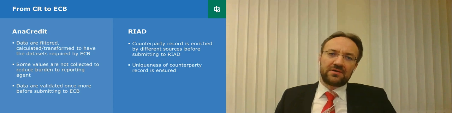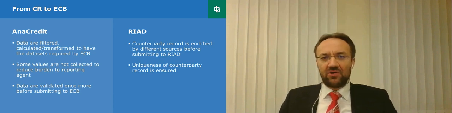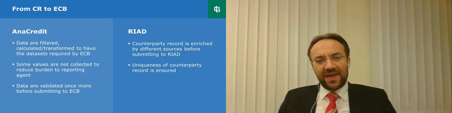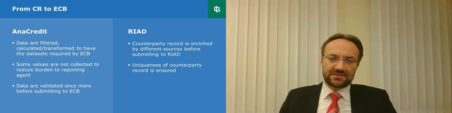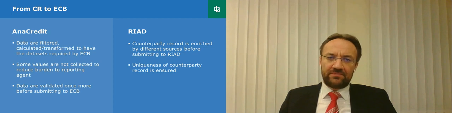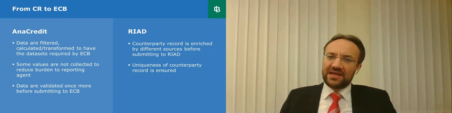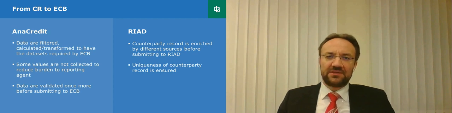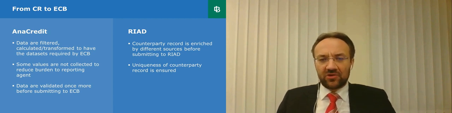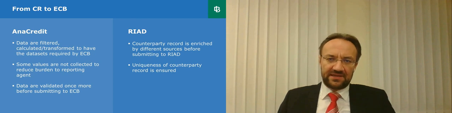So how does the credit register of the Bank of Lithuania integrate with the ECB system? Actually, reporting agents do not have to do any special reporting for AnaCredit purposes. Everything that's needed for ECB purposes is calculated from credit register data.